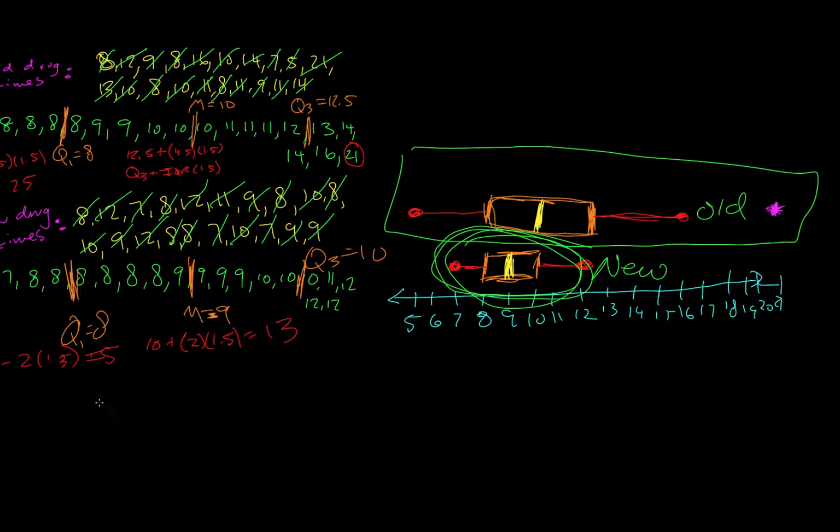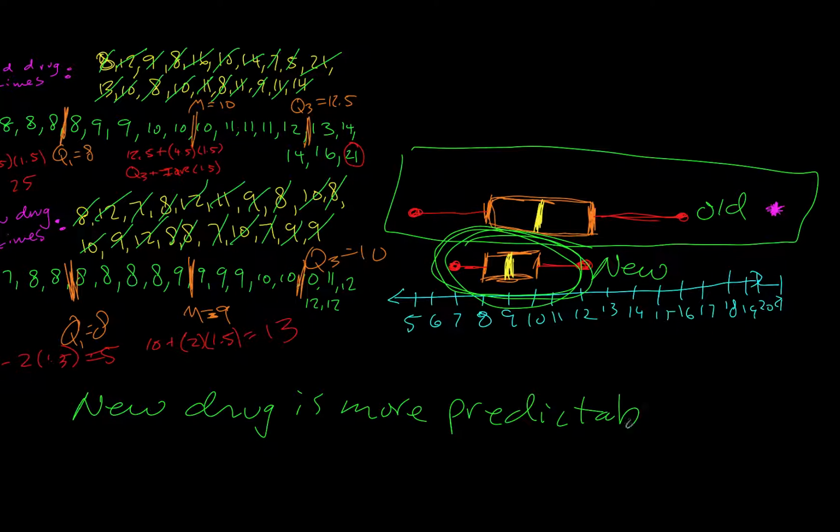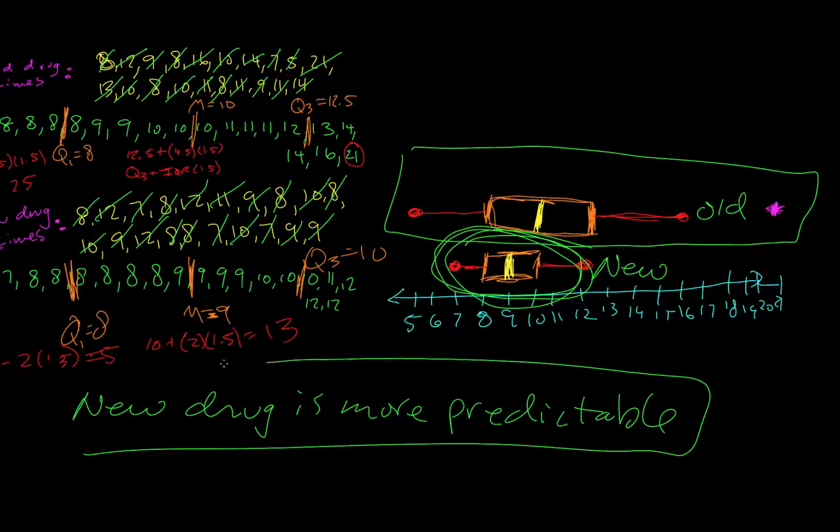And so the new drug is more predictable. And that's pretty much it, because they wanted to know that. The times tend to be a little bit less too, and the median's a little bit less, so you could even comment on that. But I think the most important thing is that it's predictable.